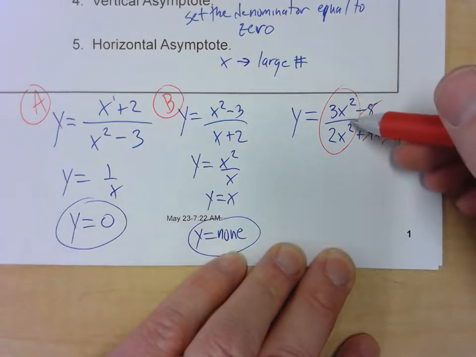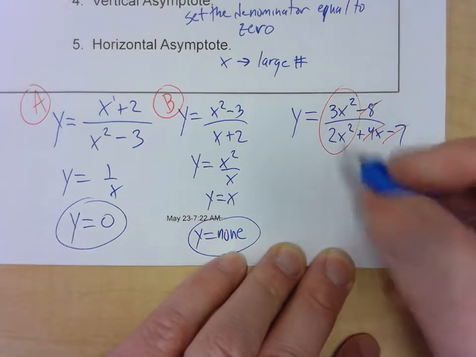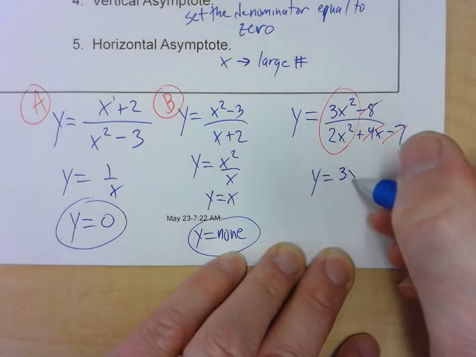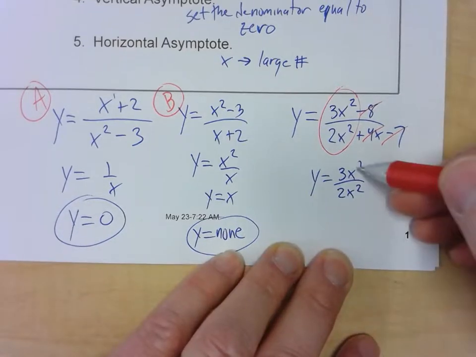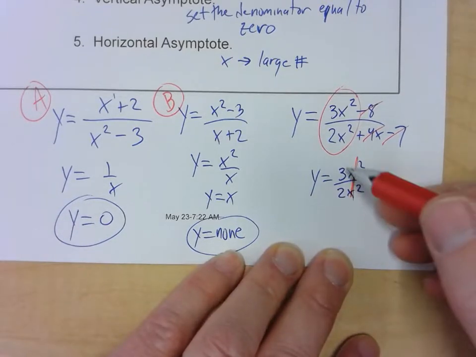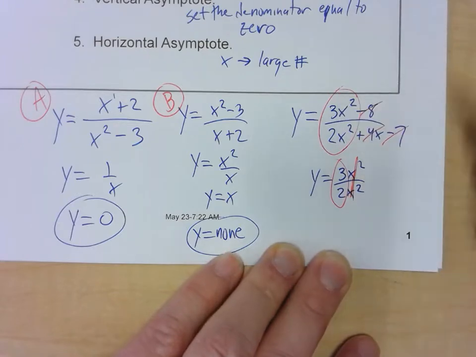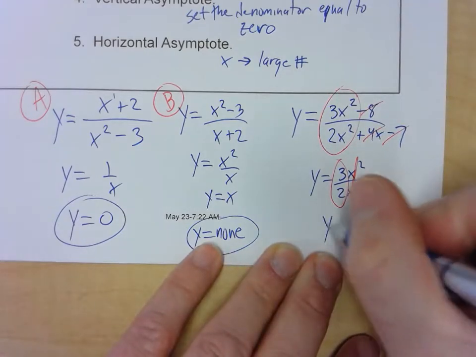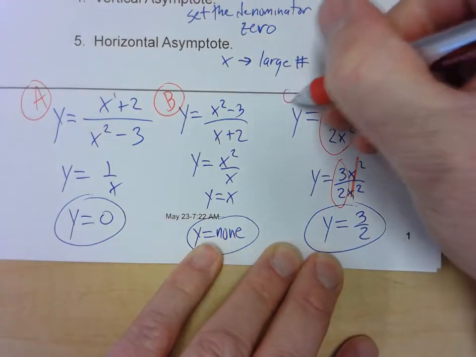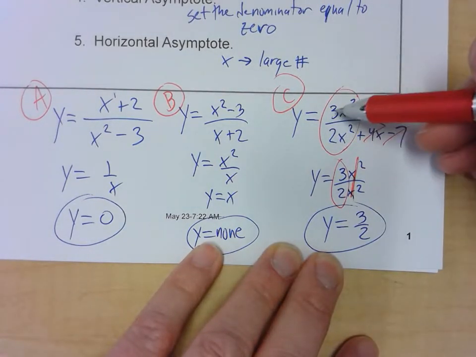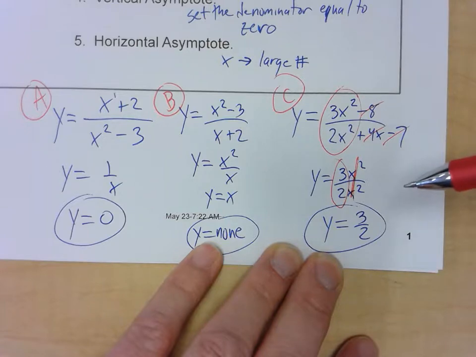And this is going to behave like y is equal to 3x squared over 2x squared. But then these two would cancel out, and you're just left with the coefficients in the front. So this would be y is equal to 3 over 2. So this is C scenario. If there's a tie, you just use the coefficients in the front.